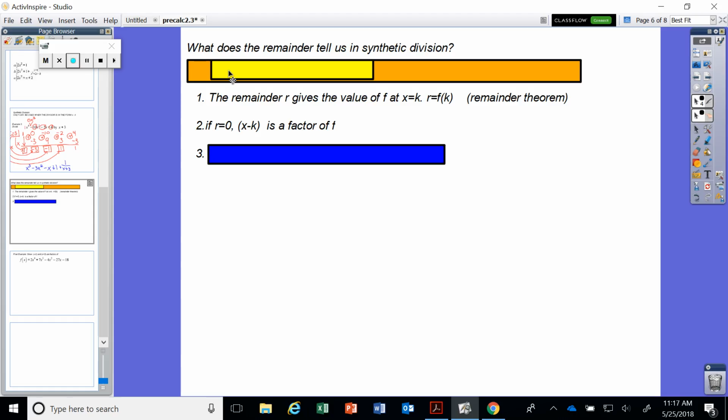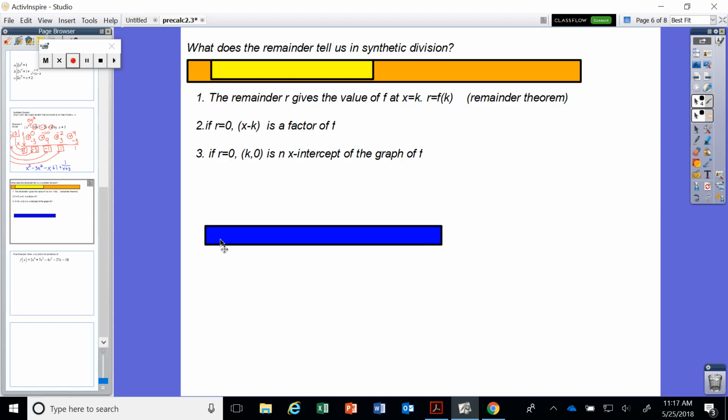And last but not least, if we do not have a remainder, that means we just found an x-intercept, and k specifically is an x-intercept of the graph. Think about it, 2 and 3 really go hand in hand because a factor means you have found a 0, a solution, an x-intercept.